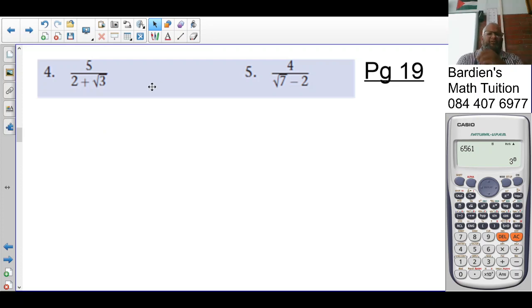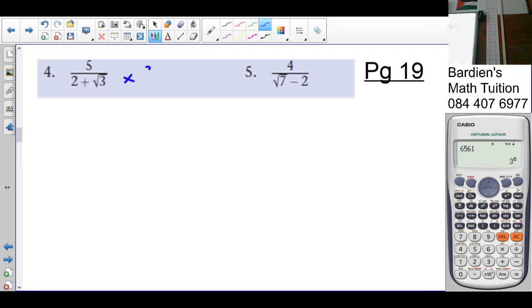So what is different with number 4 and 5 as opposed to what we have dealt with before? There are two terms in the denominator now. So how do you think we're going to rationalize the denominator in this case? Multiply by 2 plus root 3. You all agree with that? Yes, let's see what happens.